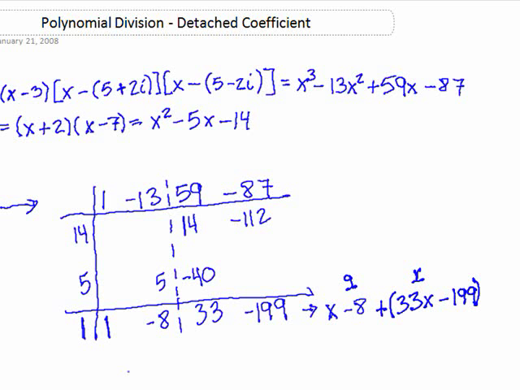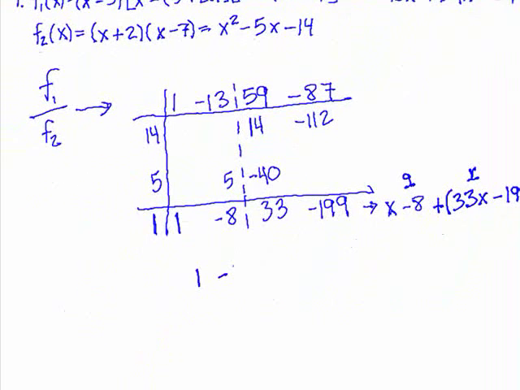Now, one way we can check that is just to do a simple multiplication. So we can multiply the divisor, 1, negative 5, negative 14, times the quotient, 1, negative 8. That's how we start off our check. 1 times 1 is 1. 1 times negative 8 is negative 8, of course.